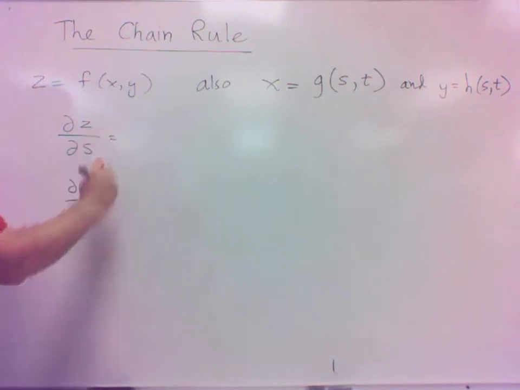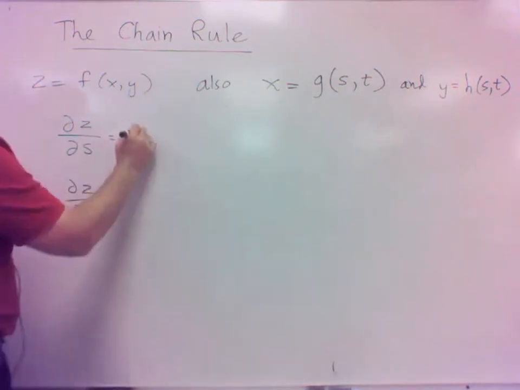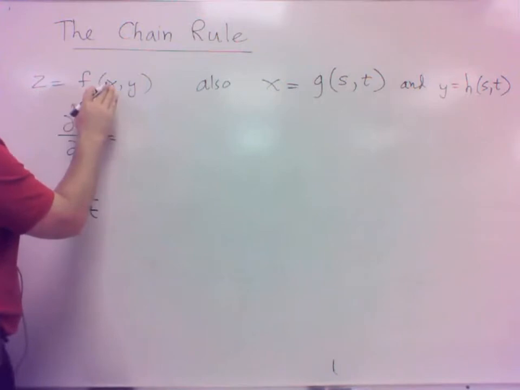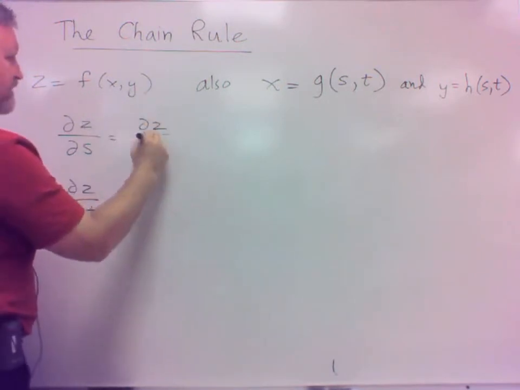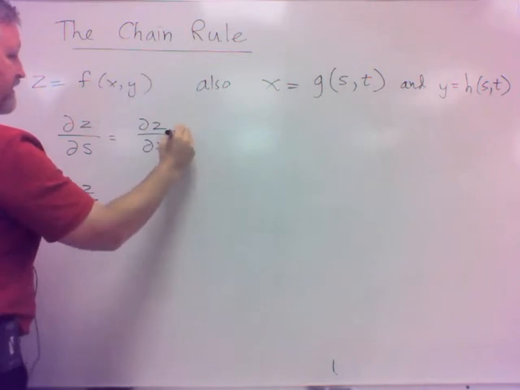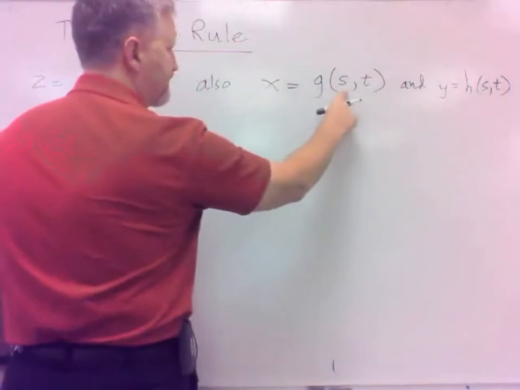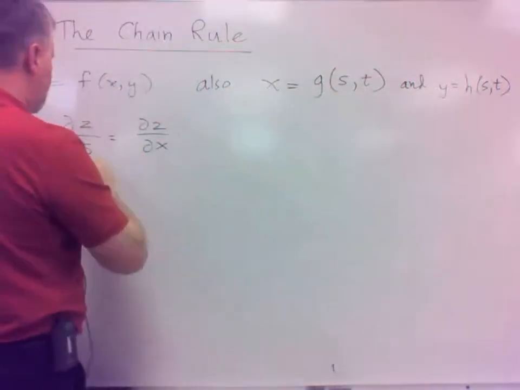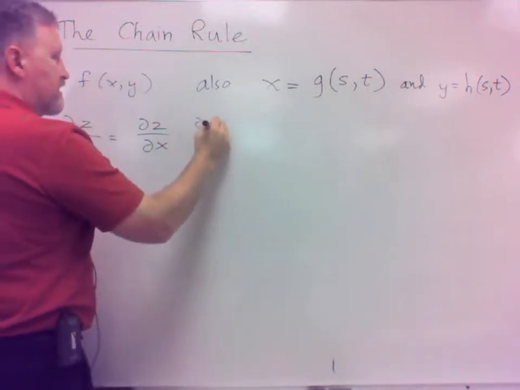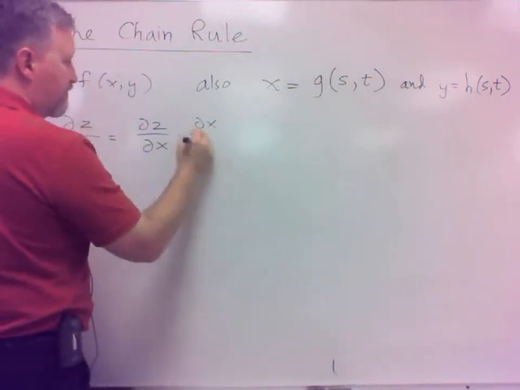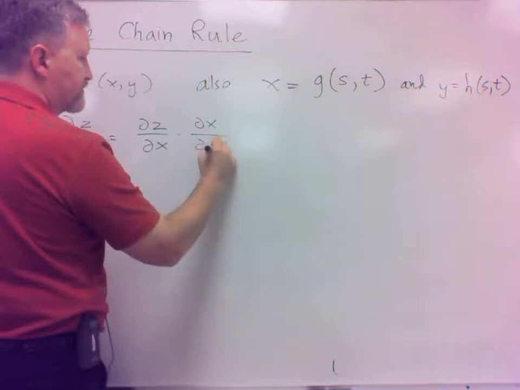Same idea, basically. Since z is first of all a function of x, we do the partial of z with respect to x. Then x itself is a function of s and t, so since I'm doing the partial with respect to s, I would need to multiply this part by the partial of x with respect to s.